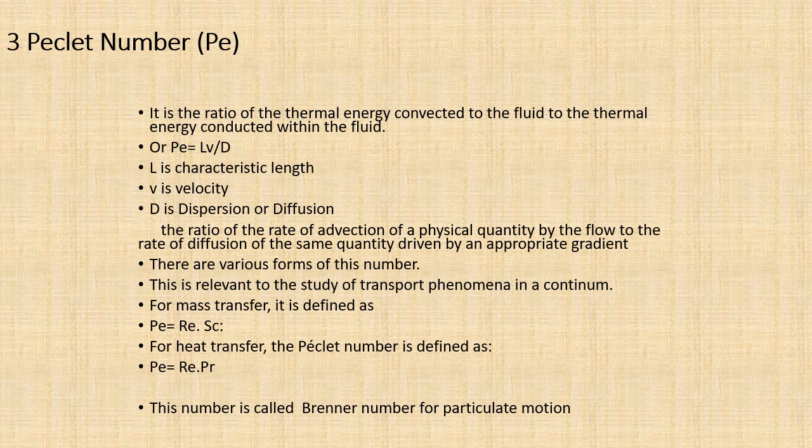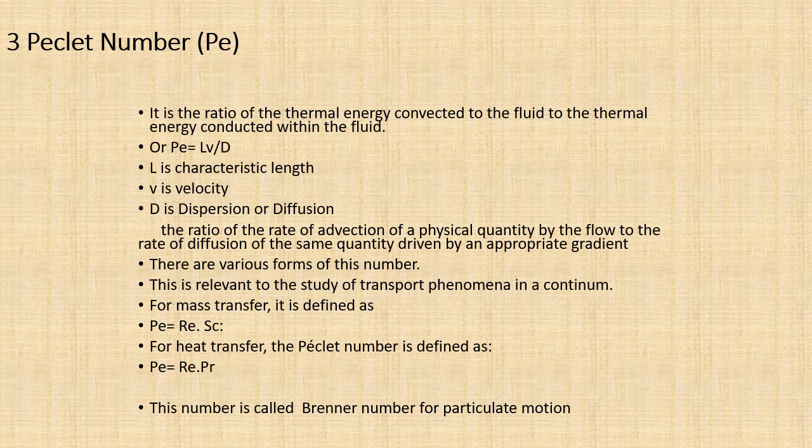For example, if we talk about heat transfer, the gradient is temperature. If we talk about mass transfer, the gradient is concentration. So there are various forms of this number, and it is very important in the study of transport phenomena when we talk about a continuum.